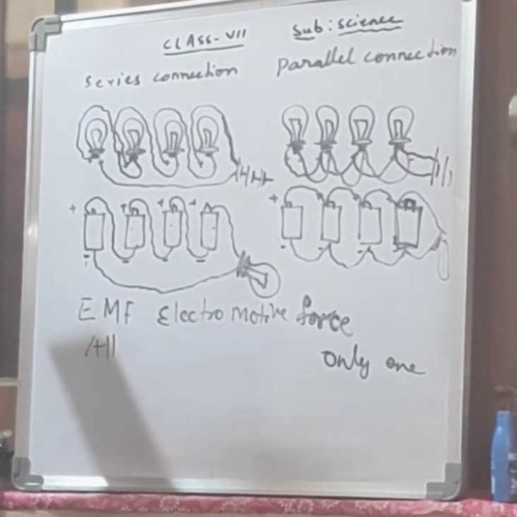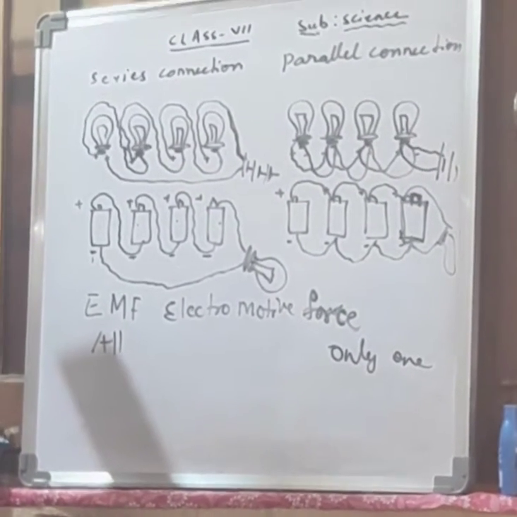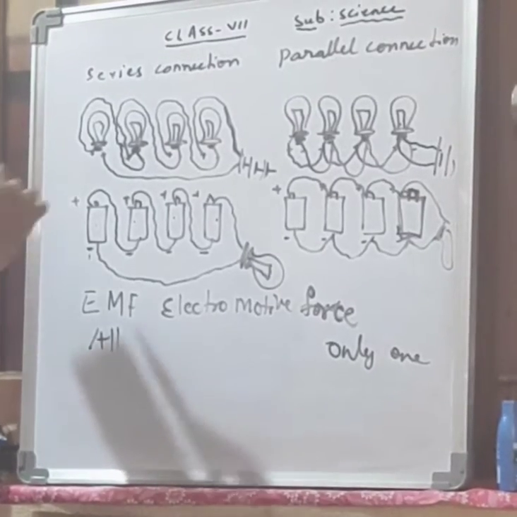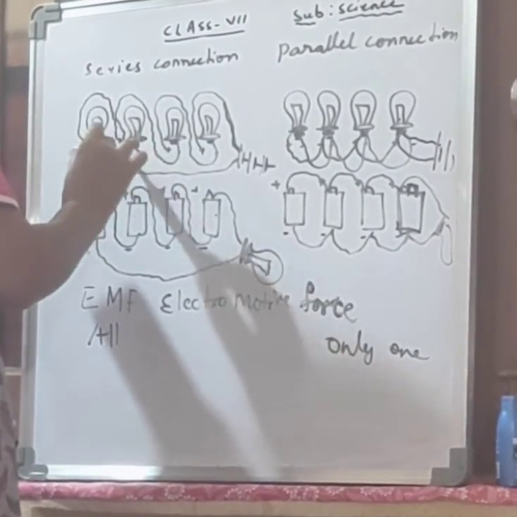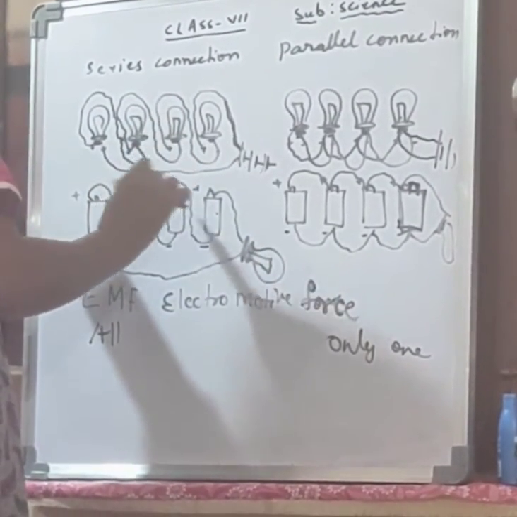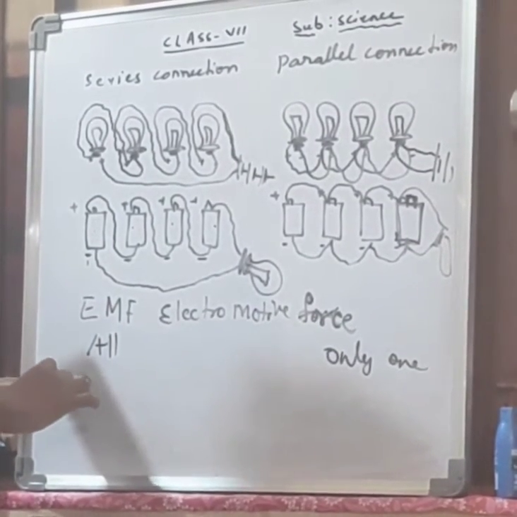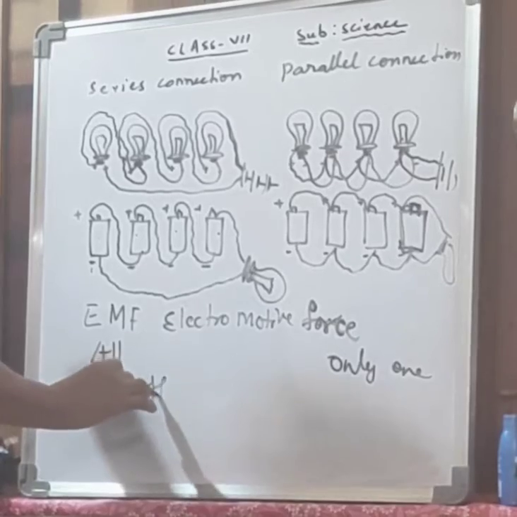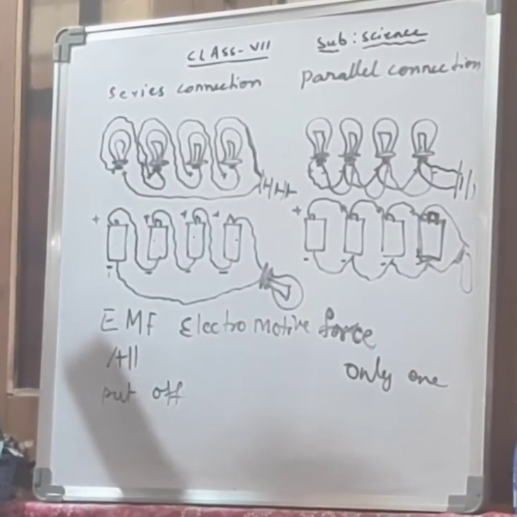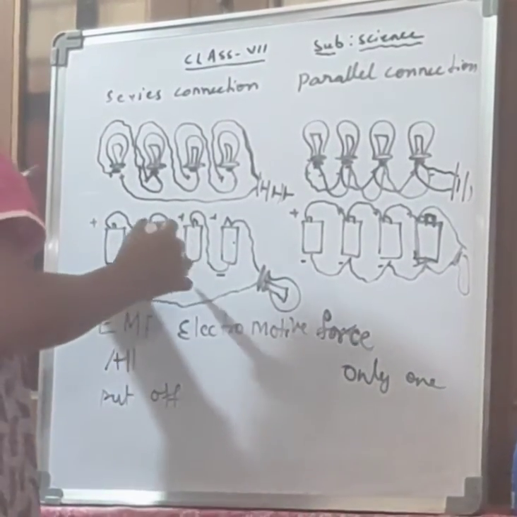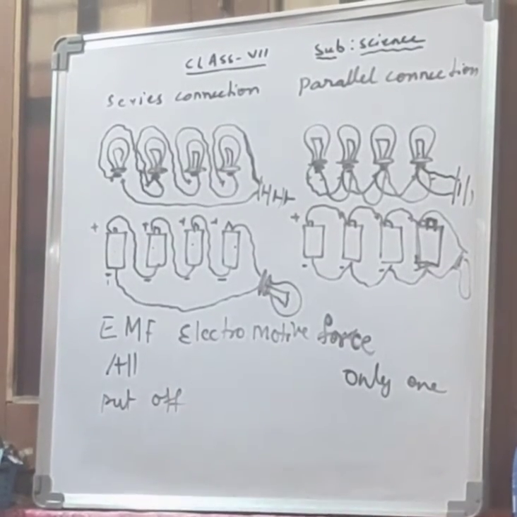And one more difference is there. If there is any disconnection in the middle of the cells or the bulbs, all the others will put off. All the bulbs go off, all the cells stop working, because the circuit breaks in the middle.